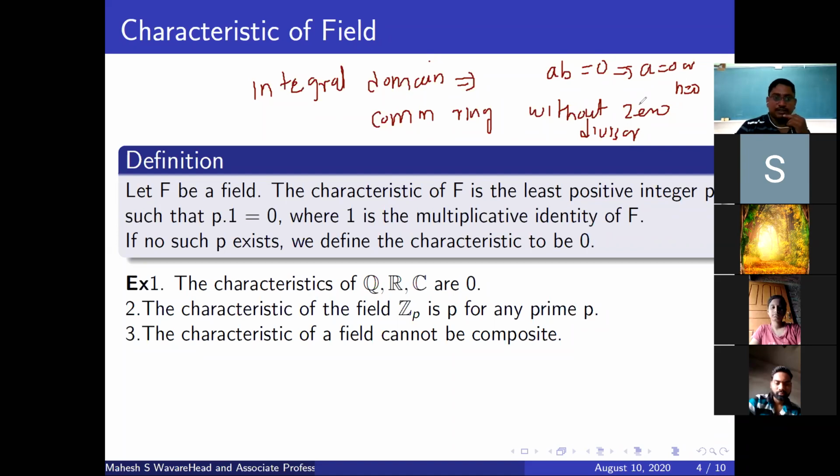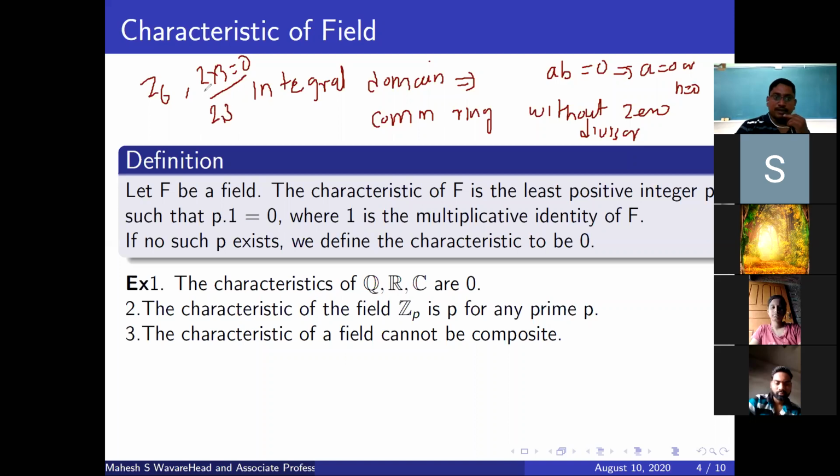Like in Z6, you can see what will happen in Z6. Okay, I'll write here. In Z6, 2 multiplied by 3 is 0. Neither 2 is the zero element of Z6 nor is 3, but their product becomes 0. So 2 and 3 are called zero divisors.